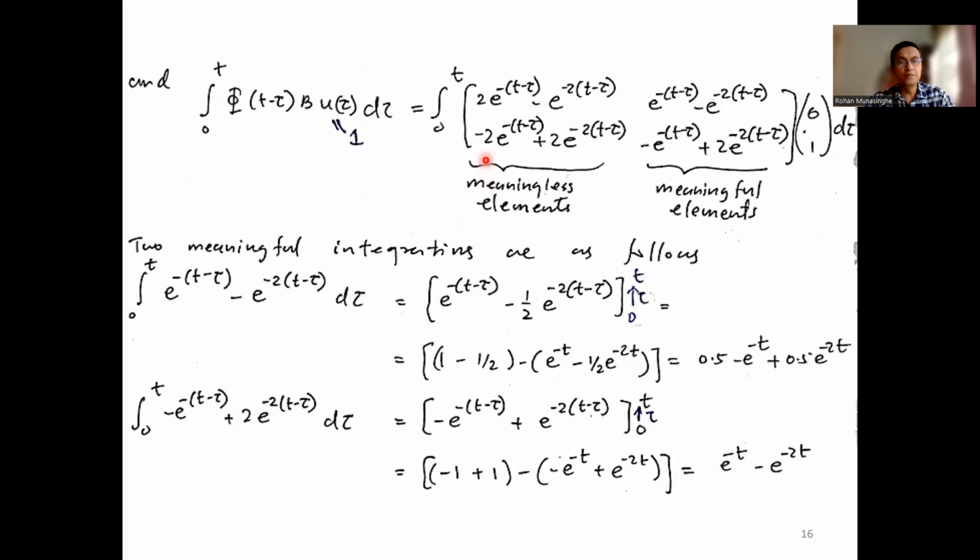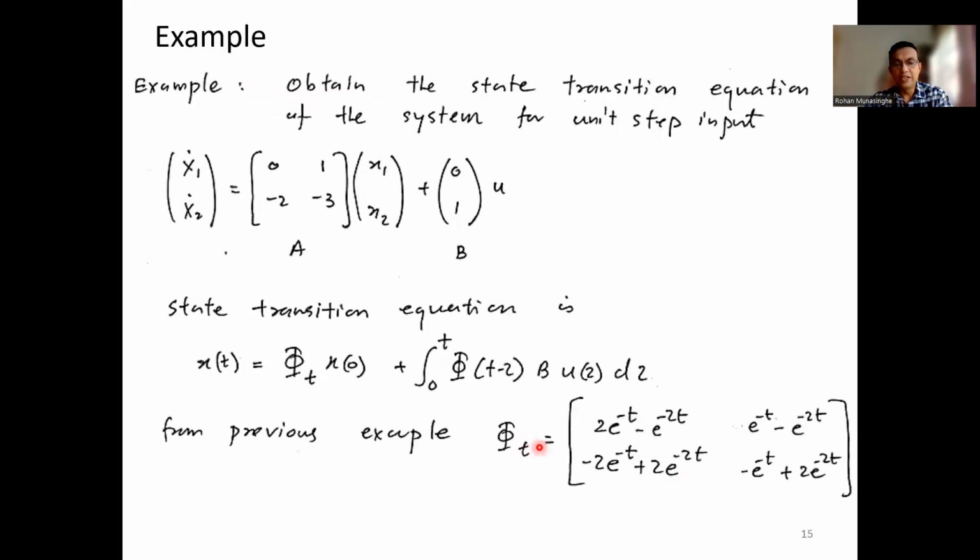What about the other term, the second term? Integration, phi t minus tau B u tau d tau. Now, because you know the state transition matrix, you have to substitute for t minus tau. So this is phi t.